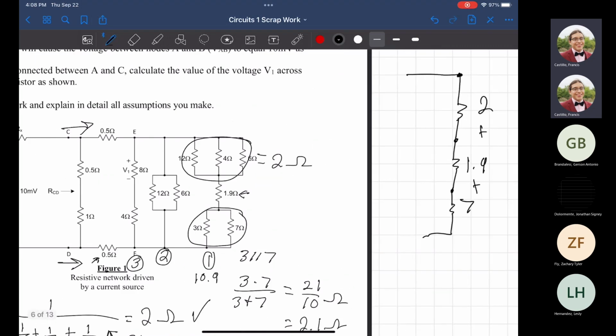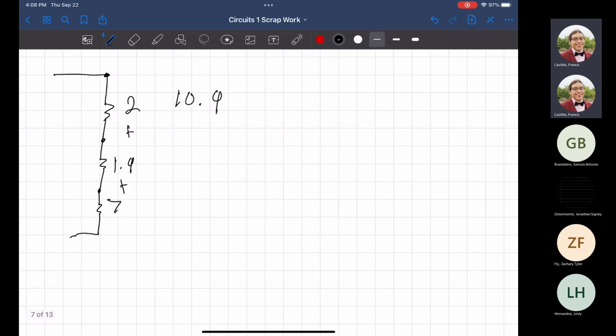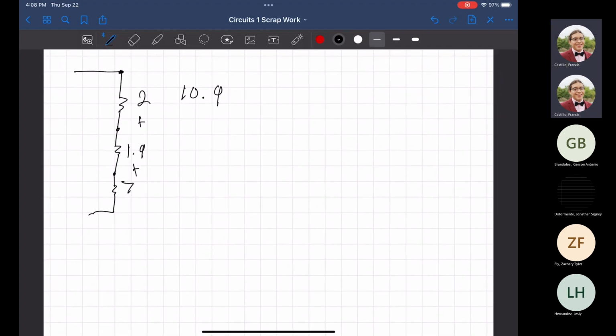So 12 and 6 ohm resistors in parallel. I'm going to be using the other equations to show you that it's just as viable here. 12 times 6 over 12 plus 6 is then equal to 4 ohms. Okay, so that's the equivalent of that.